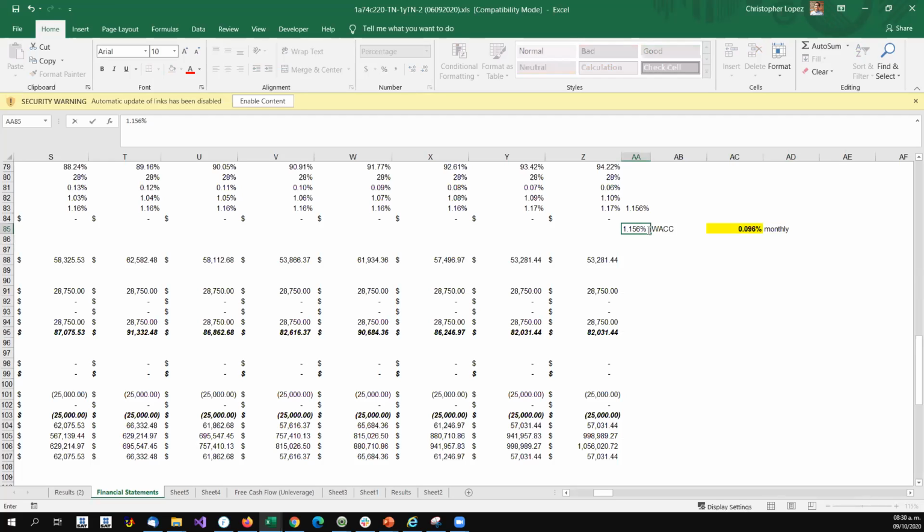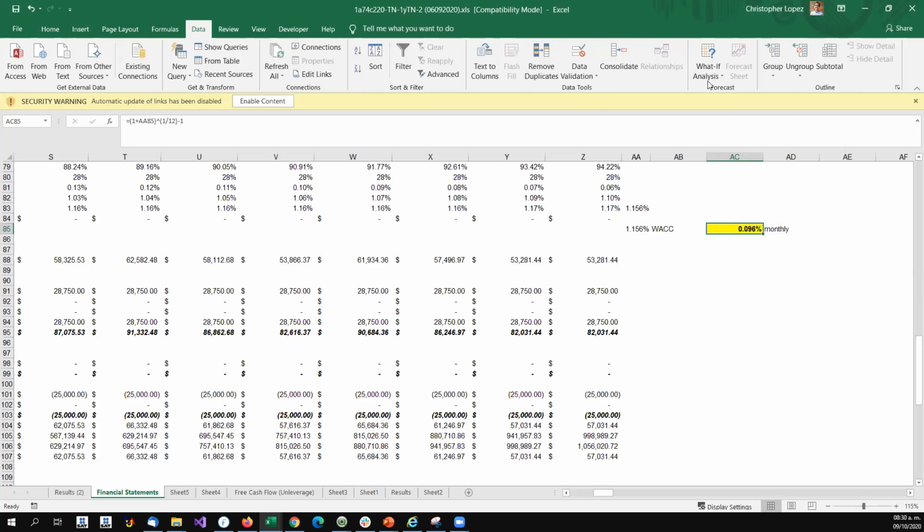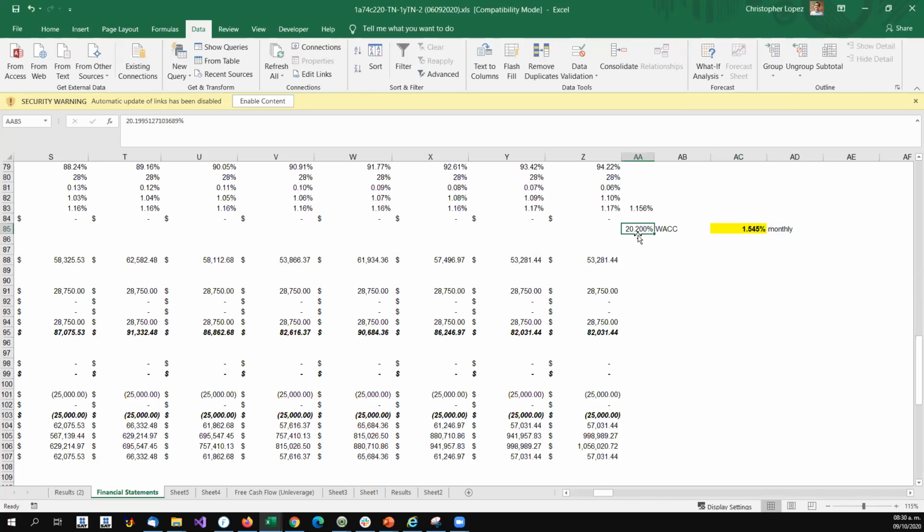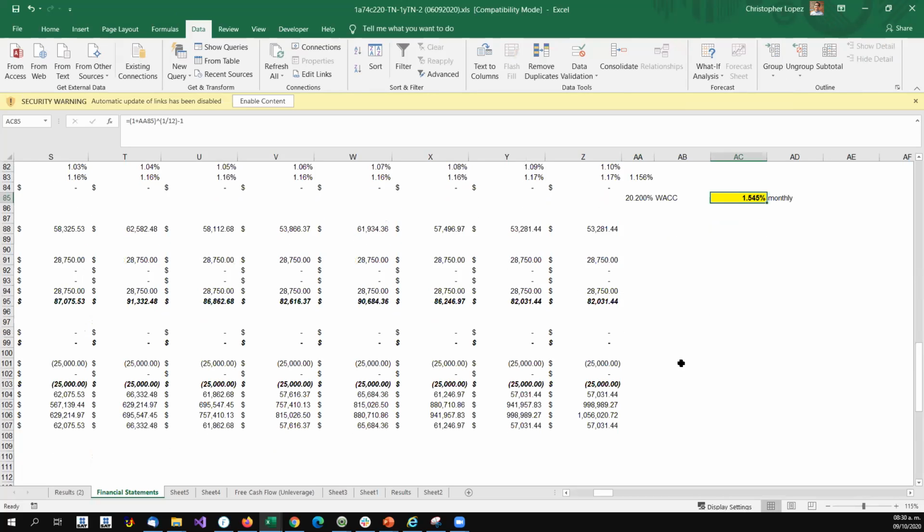I'm going to teach you how to do this today, which is a scenario analysis. I want this one to be 0.0156 by changing this one. So this will be my yearly WACC, and this will be my monthly WACC. Now I can do the analysis.